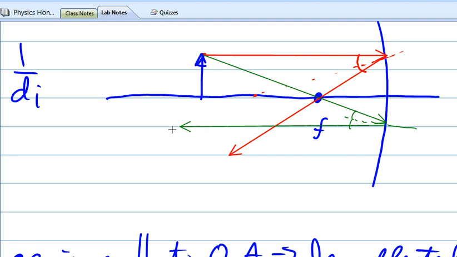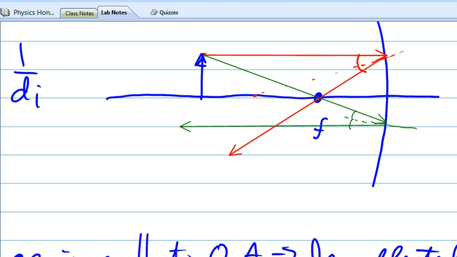Okay, so these are the first two principal rays, and this is going to work out fairly decent for us because we see that they are already converging, and that's what happens with a concave mirror if the object distance is greater or outside of the focus.